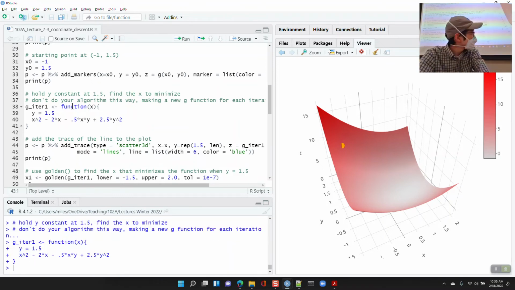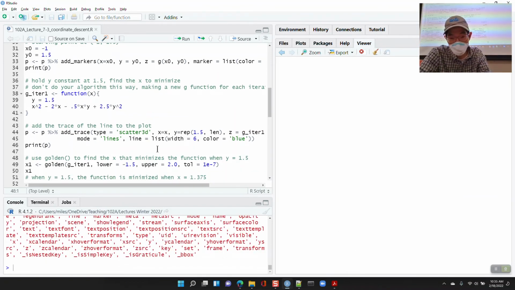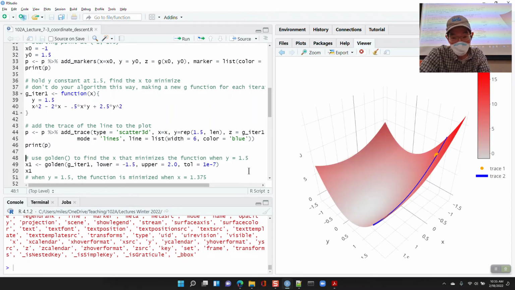So basically, I've taken our function. I'm going to say y is equal to 1.5 and return, now it's a function of x, whatever this is, where now we're plugging in 1.5 everywhere for y. If I do this, I can add this trace to our plot here.